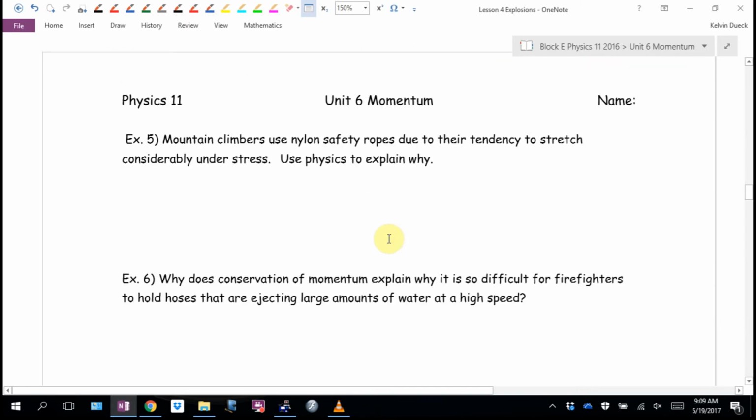Mountain climbers use nylon safety ropes due to their tendency to stretch under stress. Why wouldn't you want a rope that didn't stretch at all? You can make the rope strong enough that it wouldn't snap. So why wouldn't you want a rope that was so strong that it didn't stretch or snap?